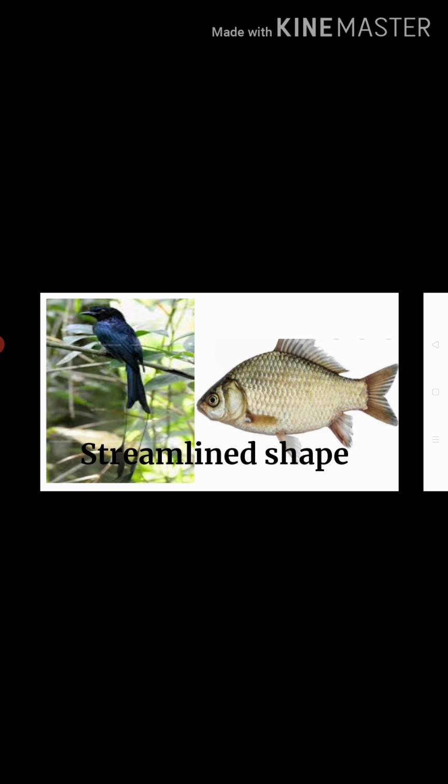They have a special shape that is called streamlined shape. Birds and fishes have to move about in fluids all the time. So their bodies must have evolved to shapes which would make them lose less energy in overcoming friction.